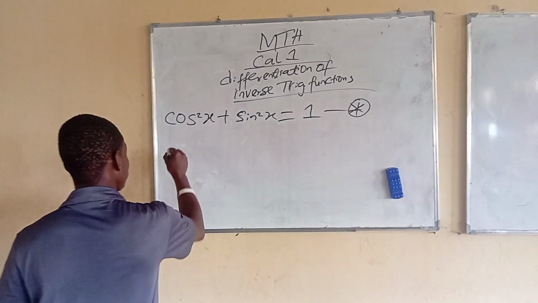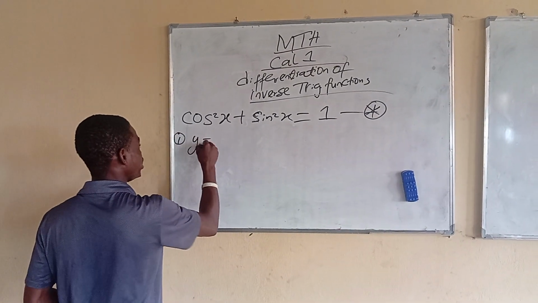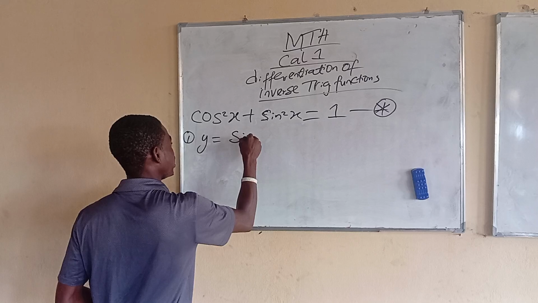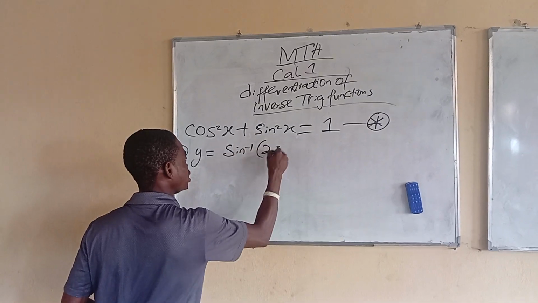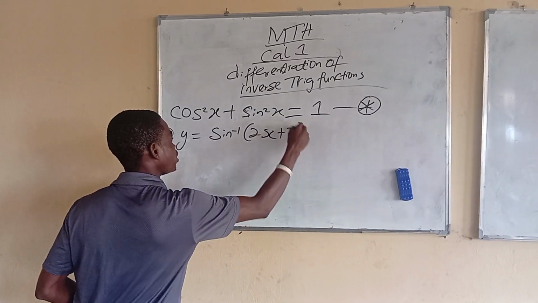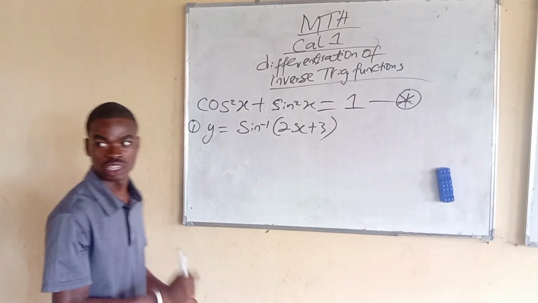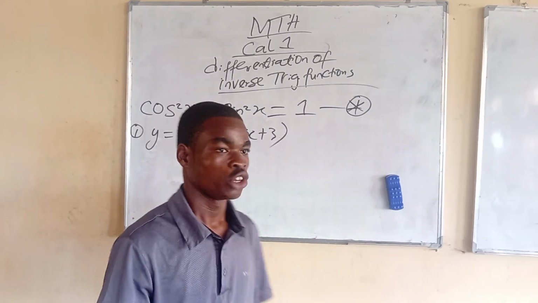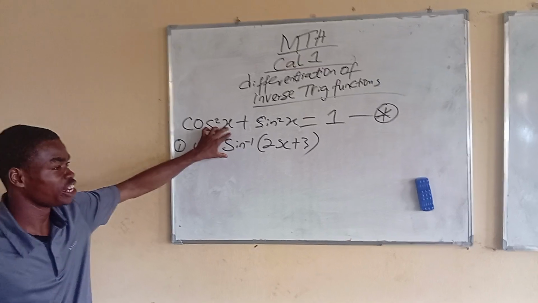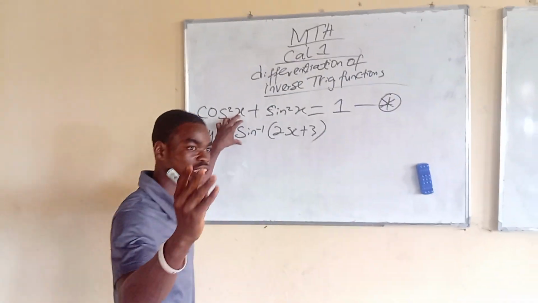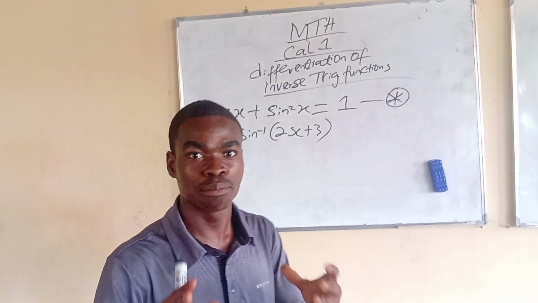So question 1. y equals sine inverse of 2x plus 3. First of all, the first step for solving this question, you get rid of this sine inverse. How do you get rid of this sine inverse? By taking sine of both sides.